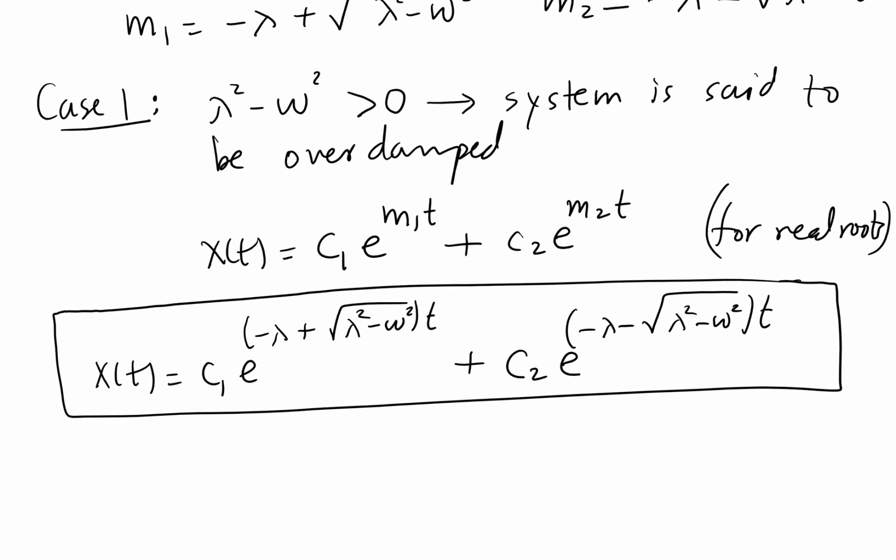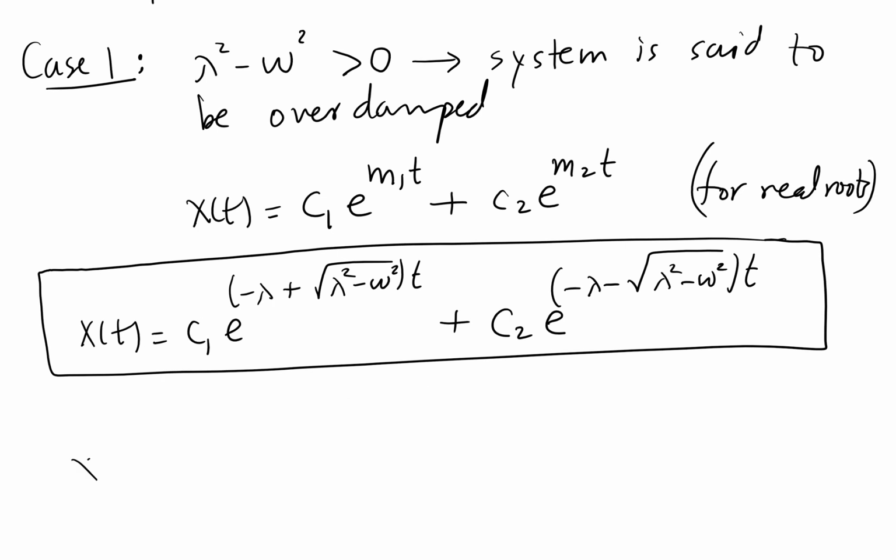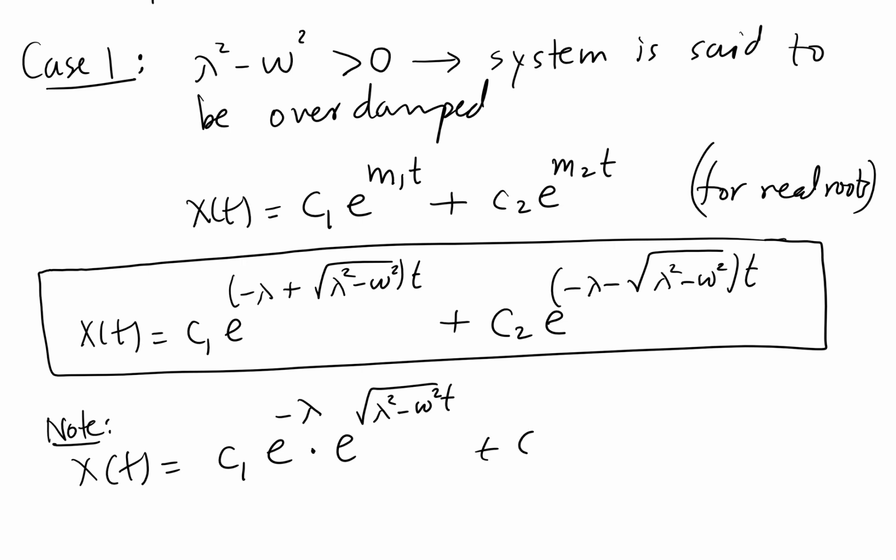Now, if you look in the textbook or some other books, maybe in the back of the book, let me show you something. Sometimes you might see a different form of this. You can break it out as e to the negative lambda times the square root of lambda squared minus omega squared t, plus C2 e to the negative lambda times e to the negative square root of lambda squared minus omega squared t.